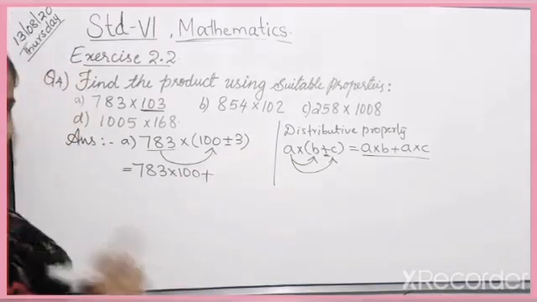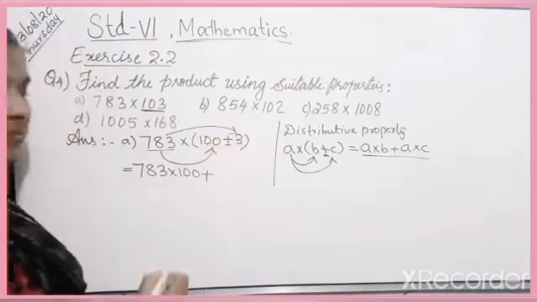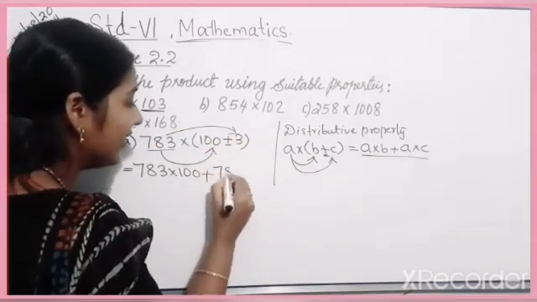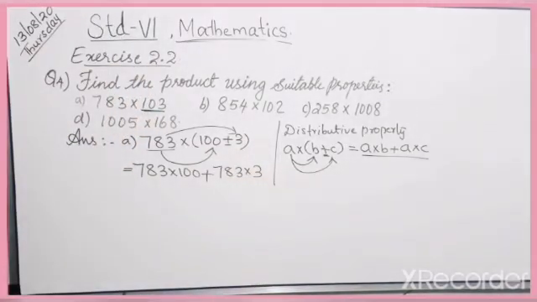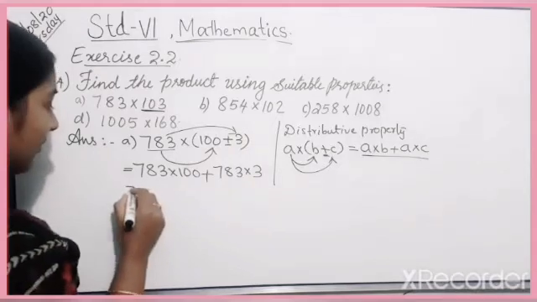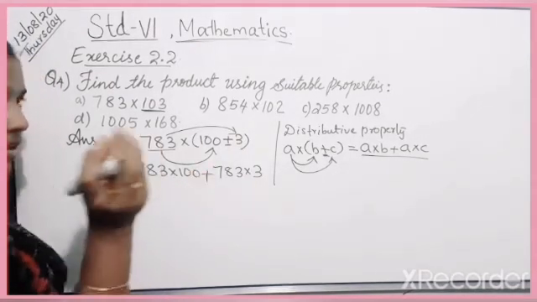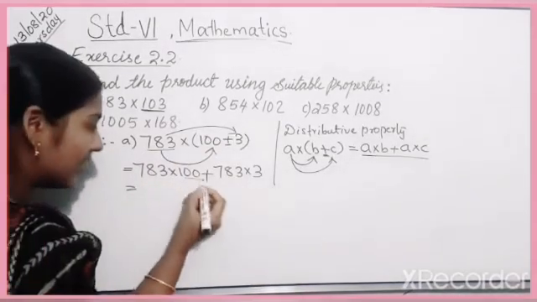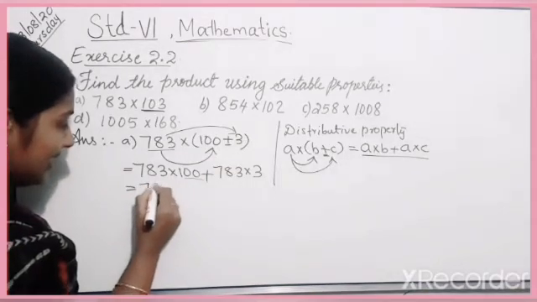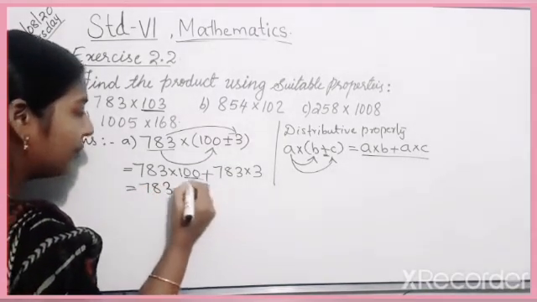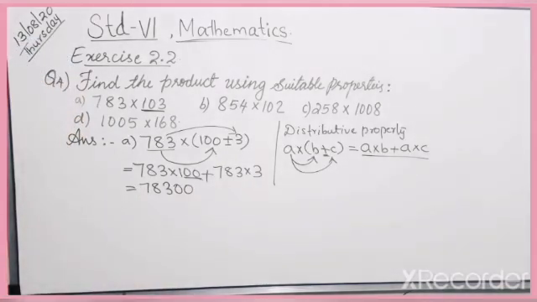Plus 783 into the second number, that is 783 into 3. Okay children, is it clear? Now we know 783 into 100 means if we have a number with 1 and zeros, then we can easily multiply it as 783, then put the 00 at the end, isn't it?